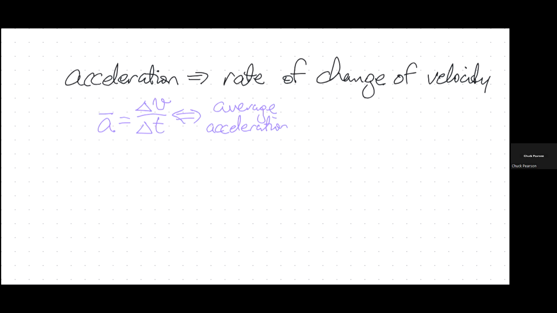And again, the units of acceleration are meters per second over seconds. Meters per second per second. How much is the velocity, measured in meters per second, changing over every second? And you'll see that very frequently written as meters per second squared.